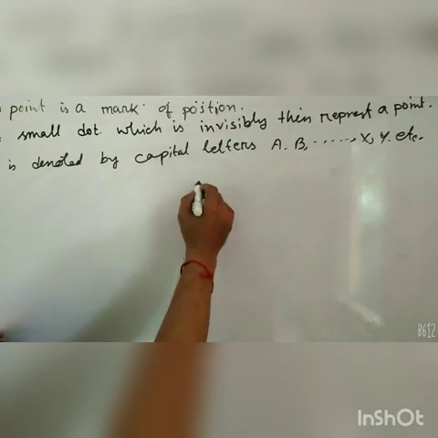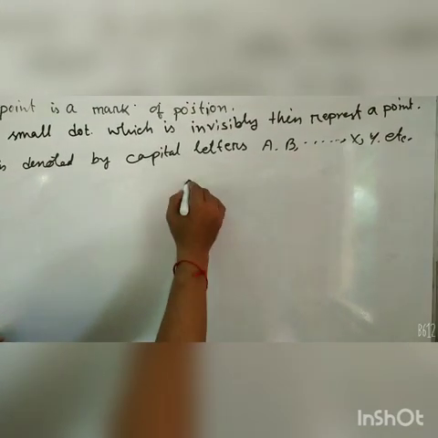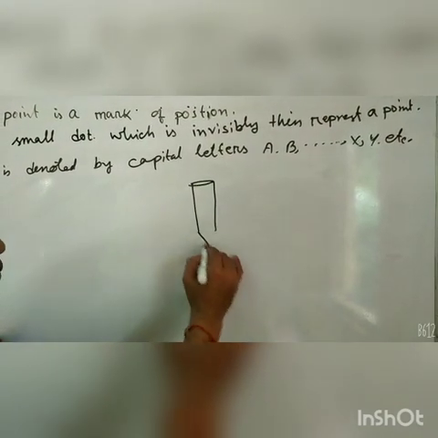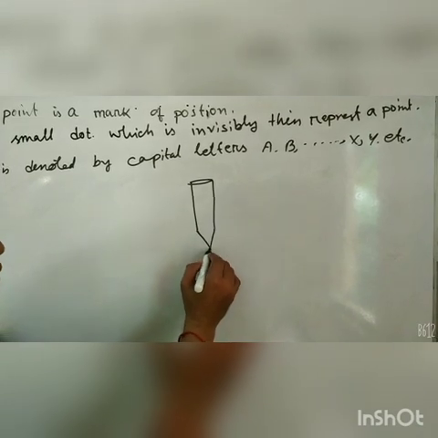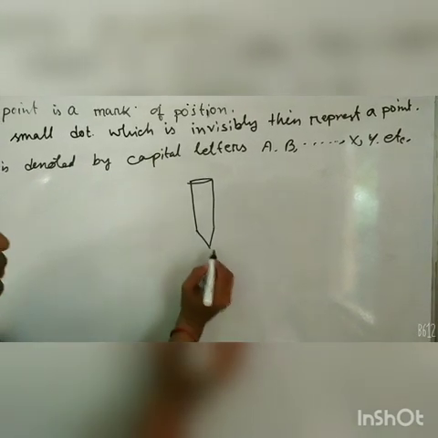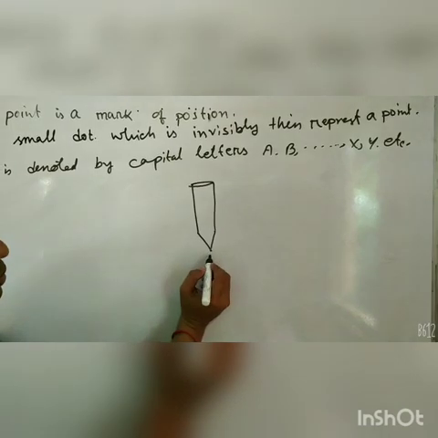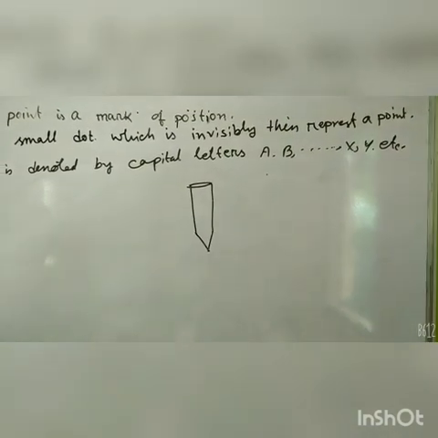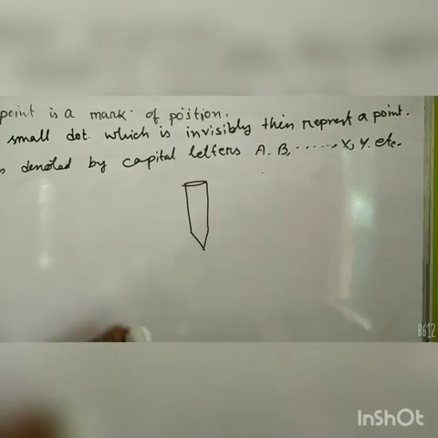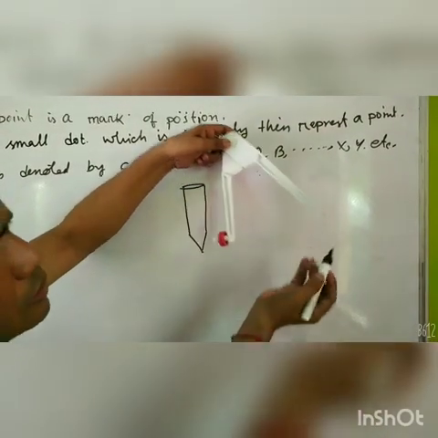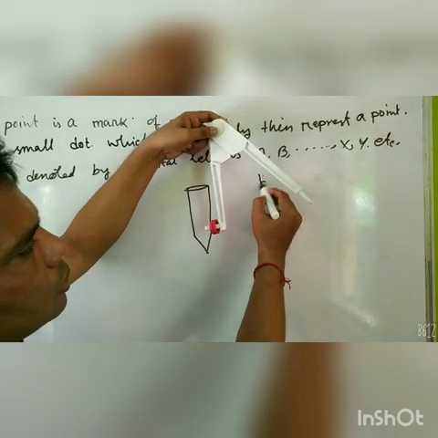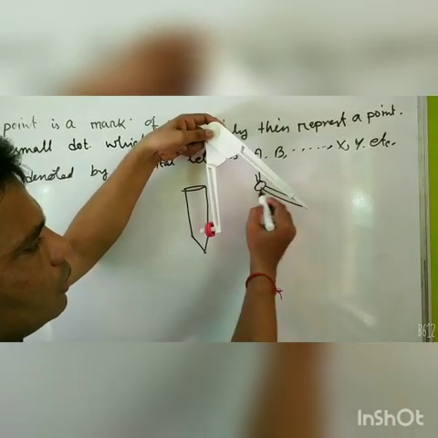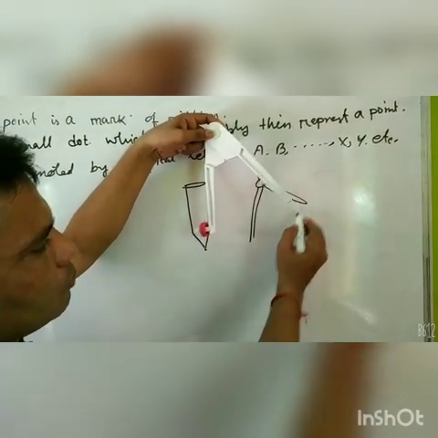Suppose, for example, this is a pen with a sharp end. This is a point. Or suppose you see here, this is the tip of the compass. This is the compass, and this is the tip of the compass.